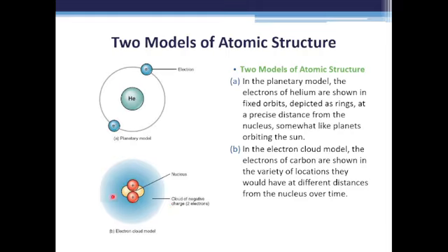So this blue here, this is what we call the electron cloud. These clouds are present in areas where electrons are most likely to be found. In this area, electrons move rapidly. They go in random positions, but they are still within the radius of the cloud.